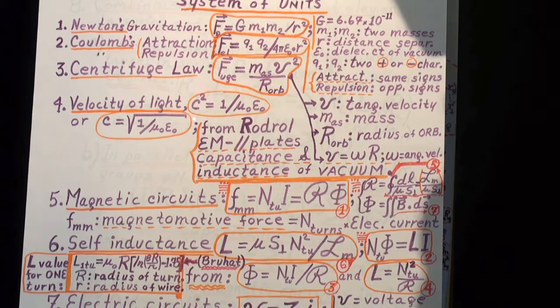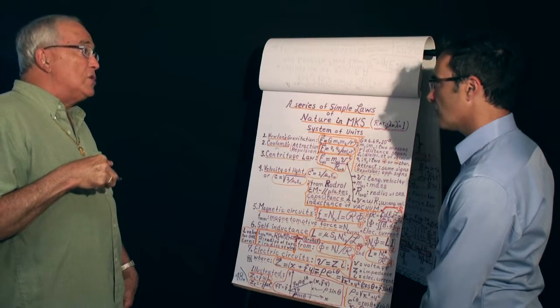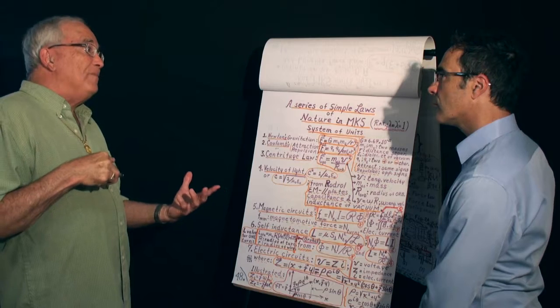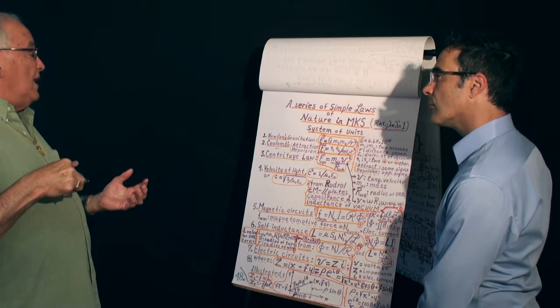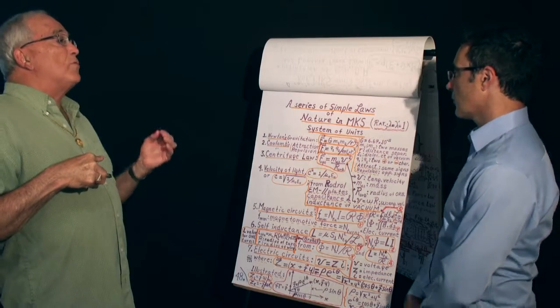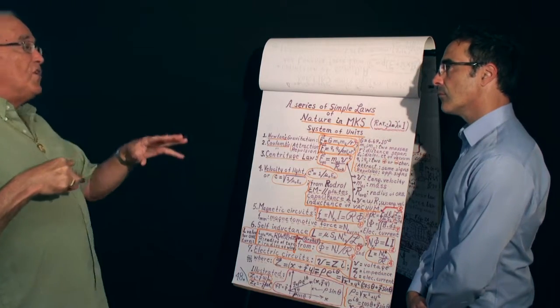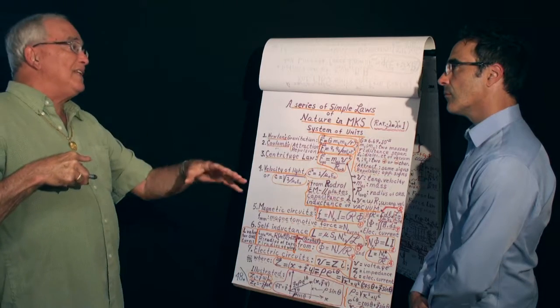In other words, the speed of light is created by the electromagnetic nature of the vacuum. The speed of light is not a property of the source, it's a property of the medium.